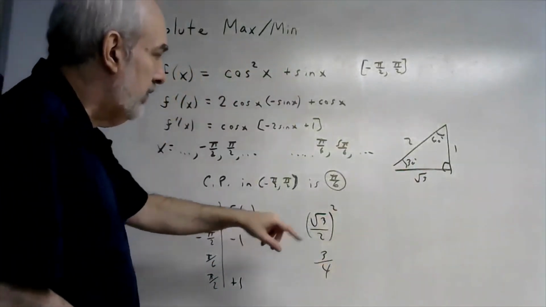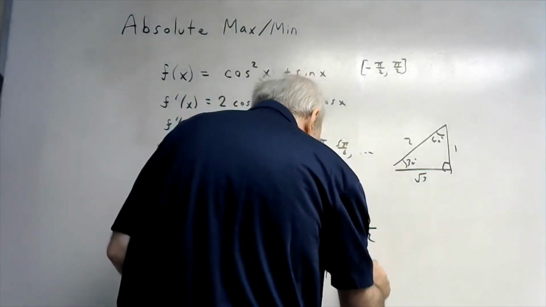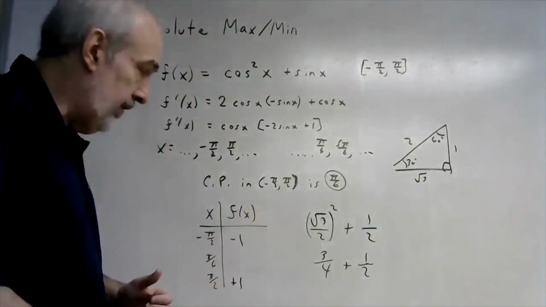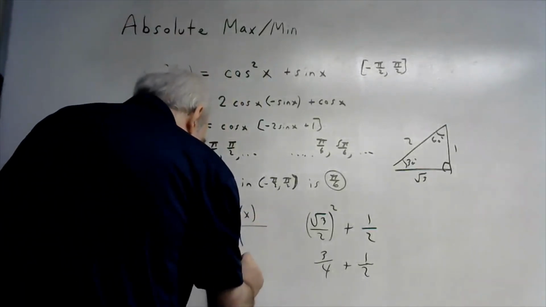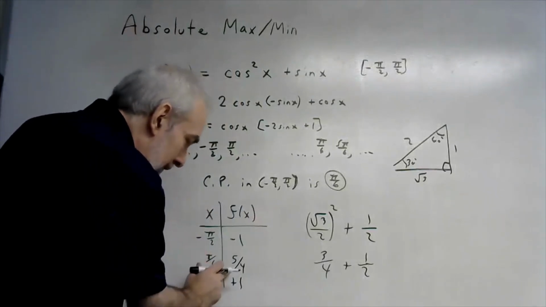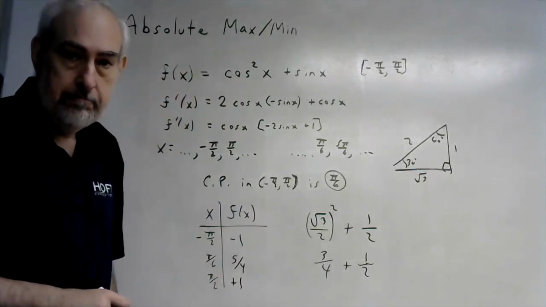Plus sine of x, well, sine of x is 1/2, so plus 1/2. 3/4 plus 1/2, which is 2/4, is 5/4. Therefore, the absolute max is 5/4, and the absolute min is -1.